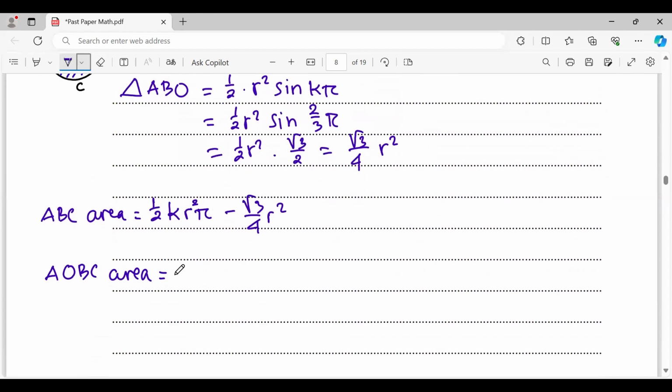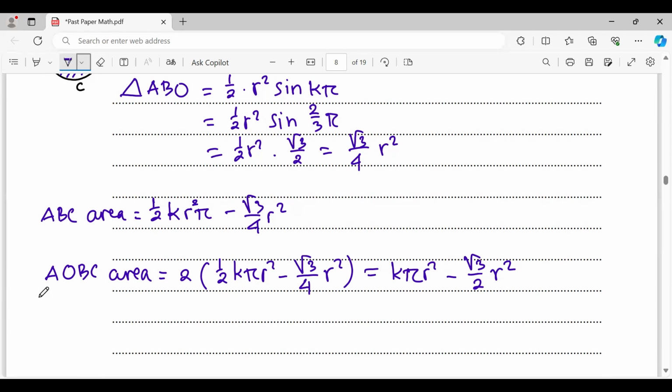So the AOBC area is 2 times half k pi r squared minus square root 3 over 4 r squared, which becomes k pi r squared minus square root 3 over 2 r squared.